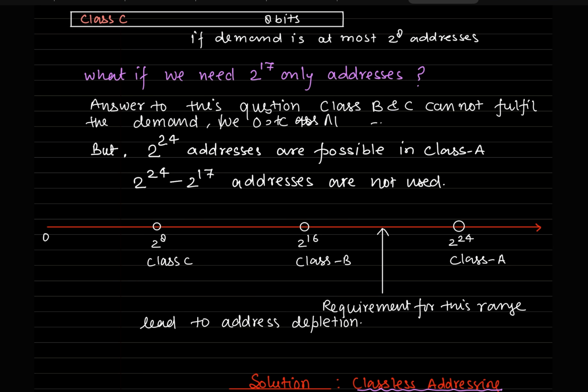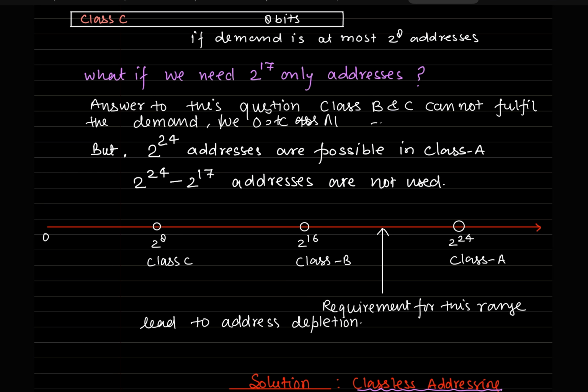If any organization requires something in between, it must be given this class of IP address. If an organization requests 2 to the power 17 addresses, at that moment it will be given 2 to the power 24, a class A IP address.